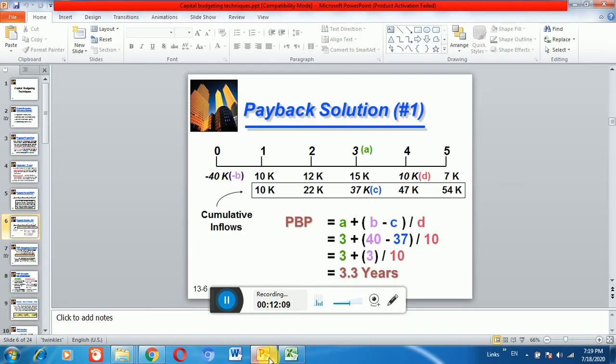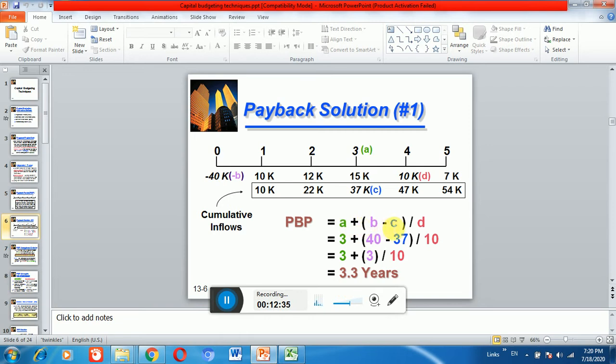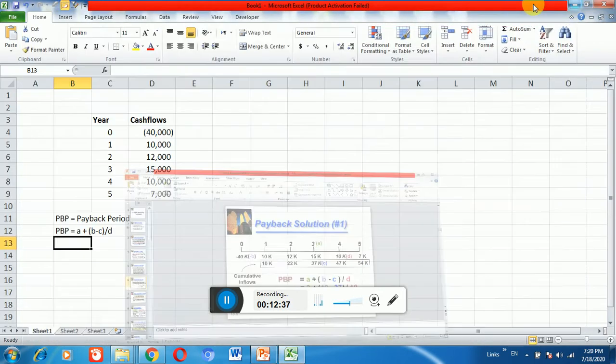In this payback period we have a formula, and the formula is: payback period is equal to A plus B minus C divided by D. Look, A plus B minus C divided by D.